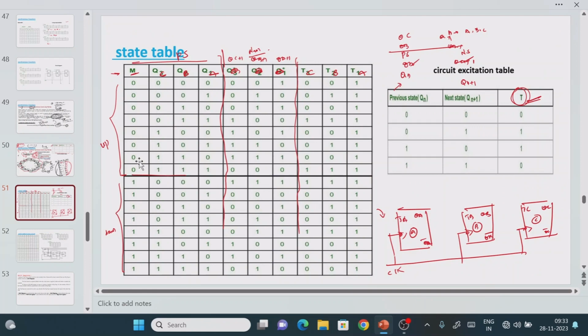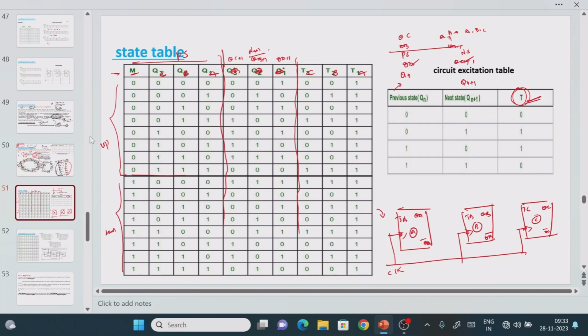When m equal to 0, for 0 to 7 we are performing the up counting operation. When m equal to 1, for 0 to 7 we are performing the down counting operation. You might have the doubt why I am considering 8 zeros: because we have 8 counts, so we consider 8 zeros for up counting, 8 ones for the down counting operation, right?